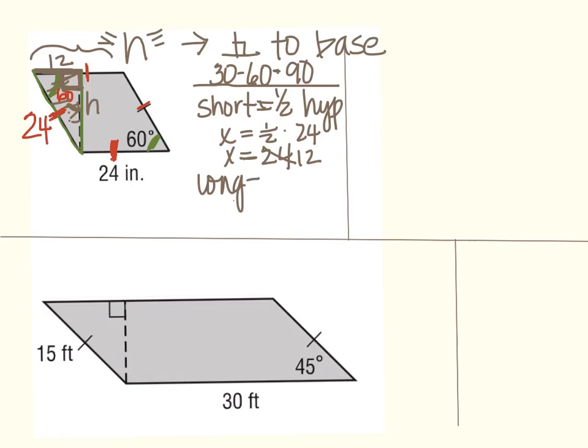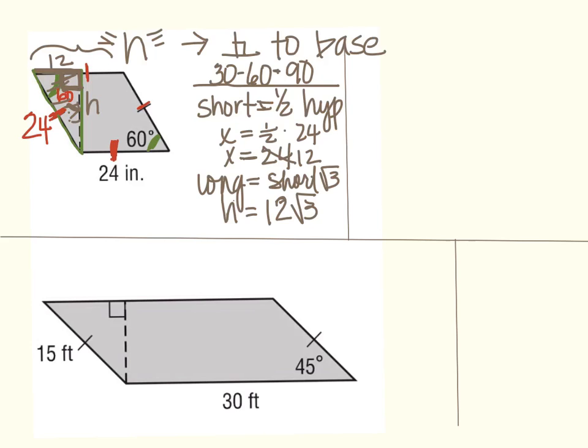So the long is the short times the square root of 3. So my long is my height, and my short is, what did we find it to be? 12. So the height is 12 times the square root of 3. Now I have my height. Do not worry about a decimal yet, okay? That's my height right there.